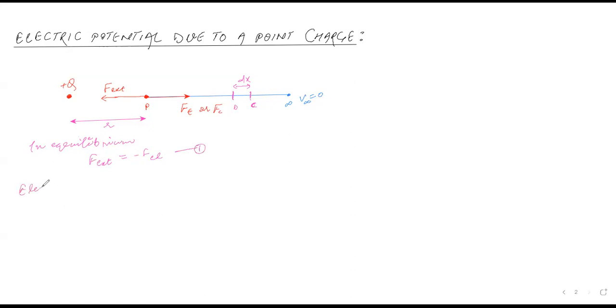And now what is your electric force on the charge plus Q, whose magnitude is always taken as 1 coulomb, due to capital Q? We already know F of electric from the equation of electric field: 1 over 4 pi epsilon naught Q over x square. This is equation number 2.